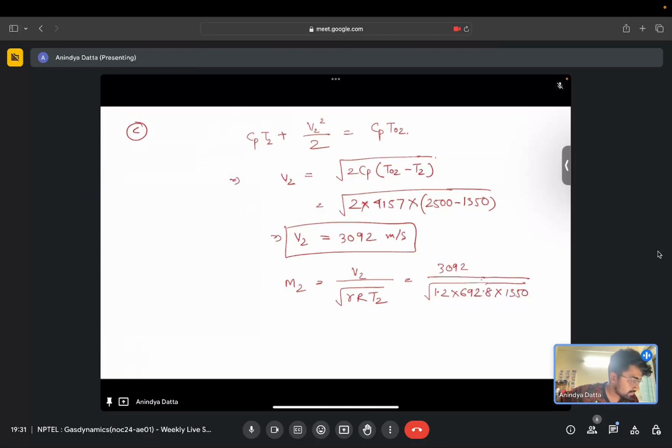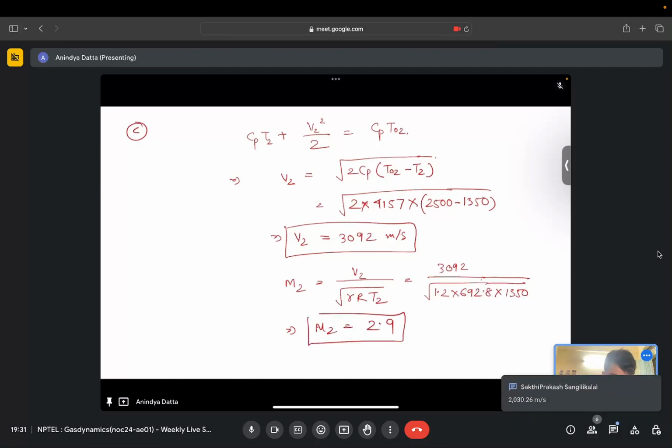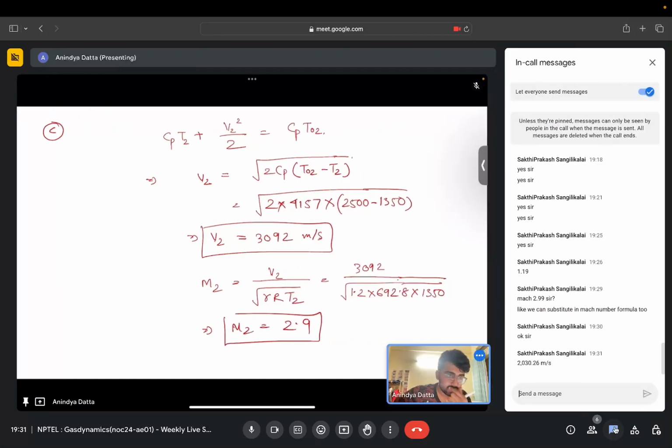Remember, in the speed of sound the static temperature goes in. So M2 will come as 2.9. Just check the values correctly please.